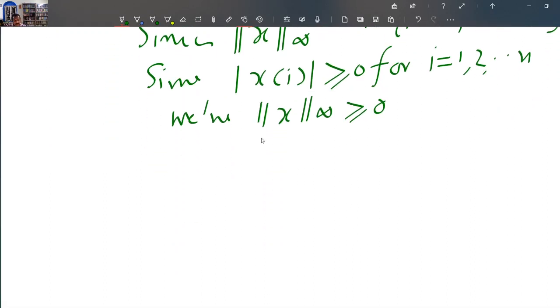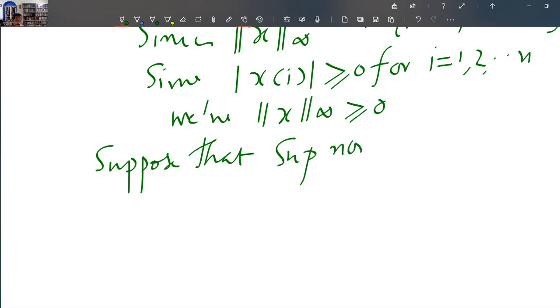And suppose that the sup norm of x is equal to 0.